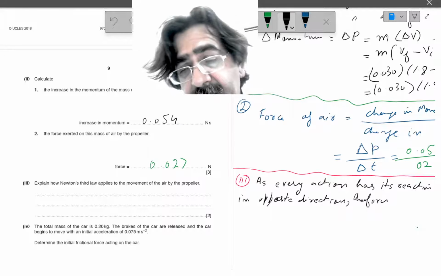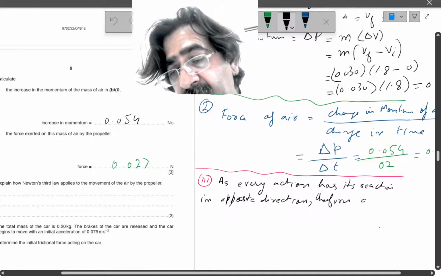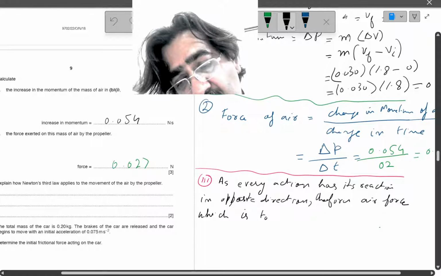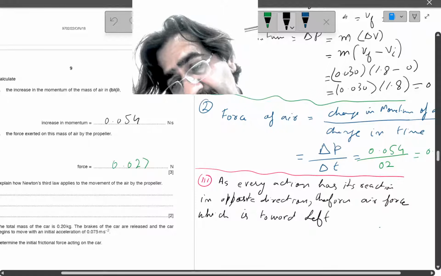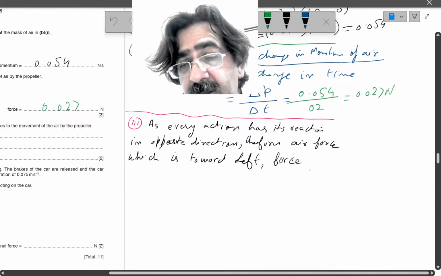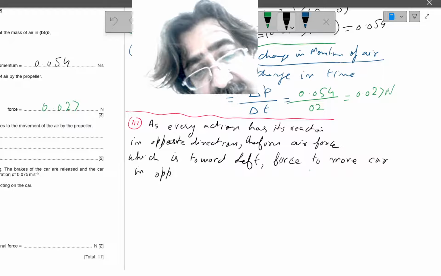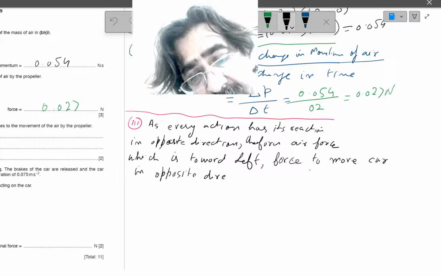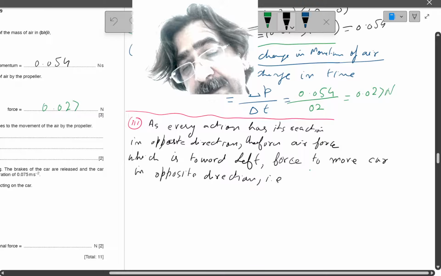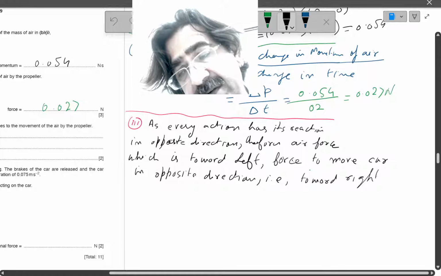Therefore, the air force, which is toward the left, forces the car to move in the opposite direction, that is toward the right side.